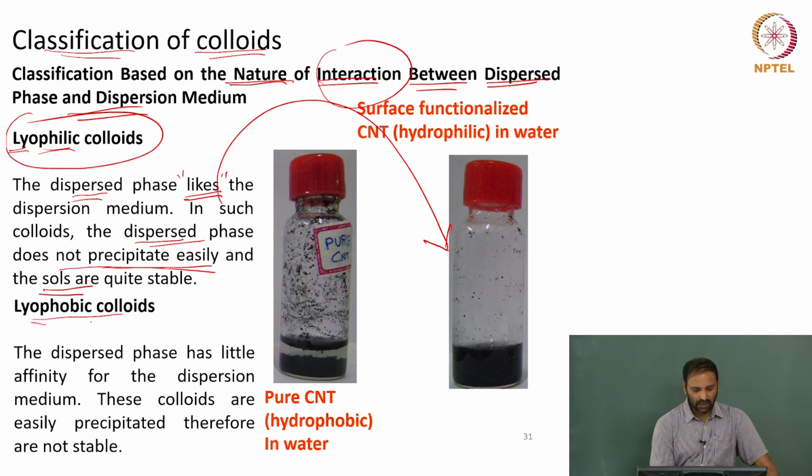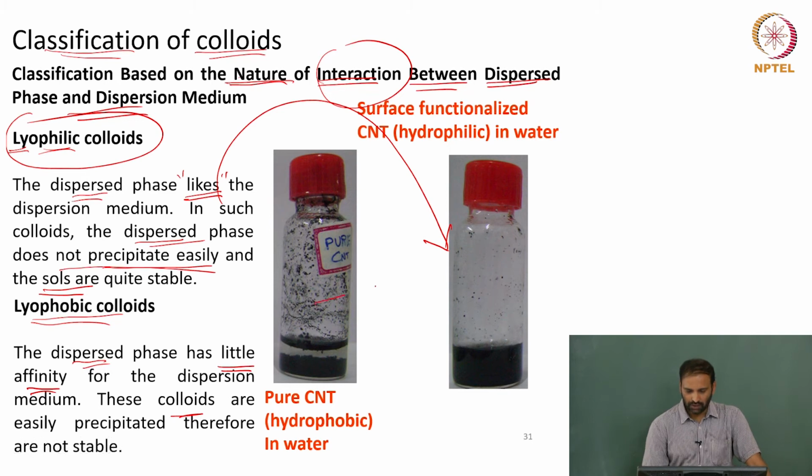In lyophobic colloids, the dispersed phase has little affinity. There may be some affinity towards the dispersion medium, or it may not like it. These colloids easily precipitate out of the solution, and therefore such dispersions are typically not stable.